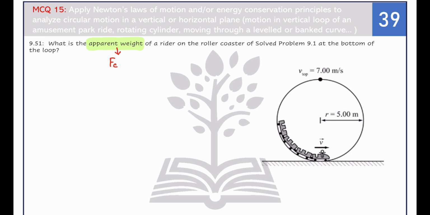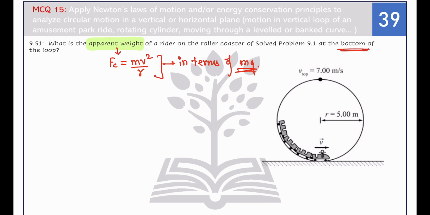FC, which is generally called mv square over r. But once you solve in terms of mg, I just need to solve this equation in terms of mg to find out the apparent weight of a rider on a roller coaster at the bottom of the loop.